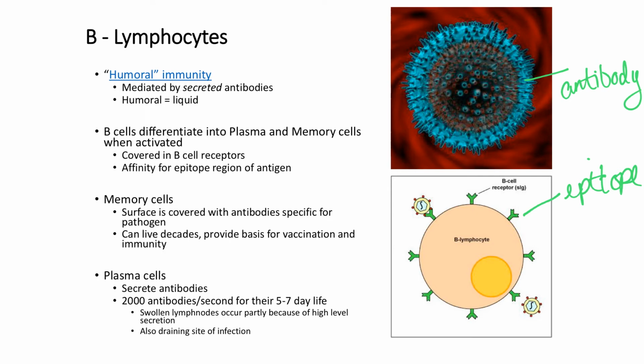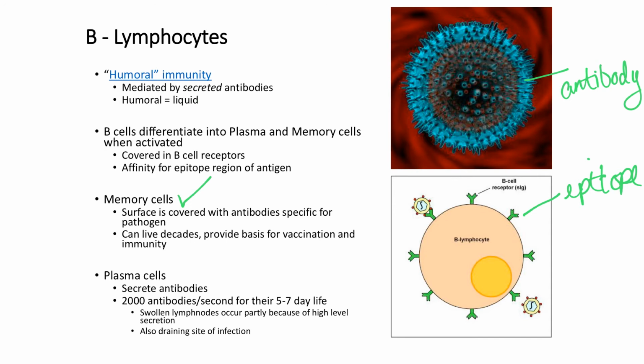When we have B cells being activated, they diverge into two different things. One of them are memory cells, which will remain coated in the antibody with the same shape of the epitope region of a pathogen. And those can live for decades at a time. And that really forms the basis of lasting immunity and sets the framework for vaccination.